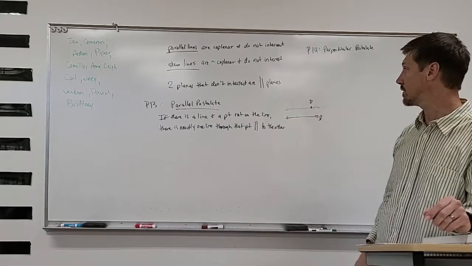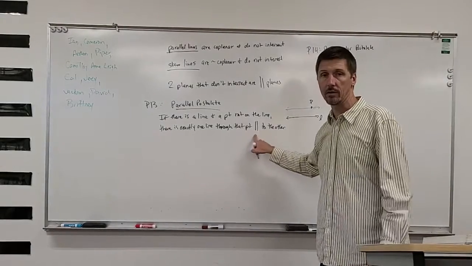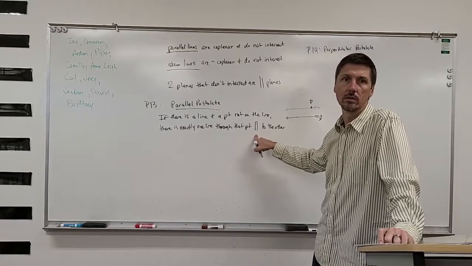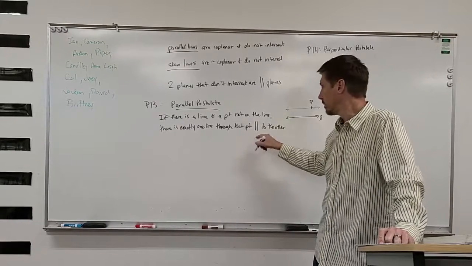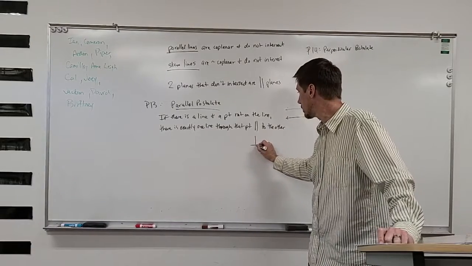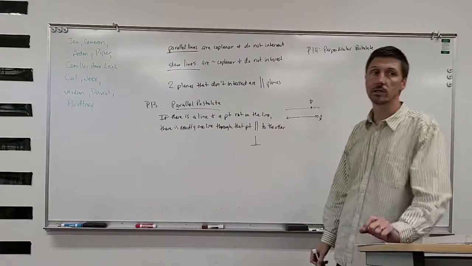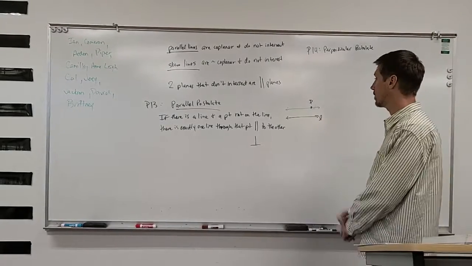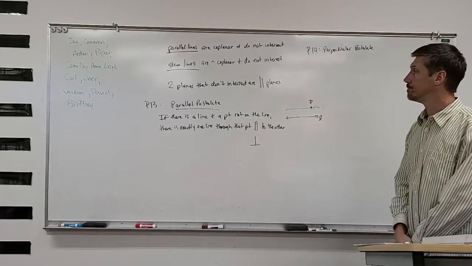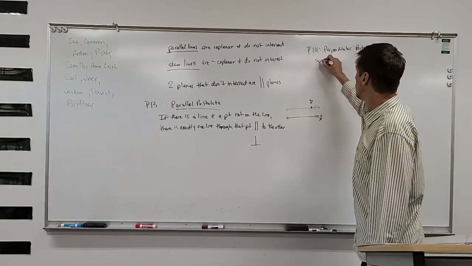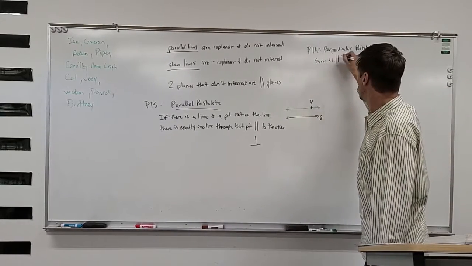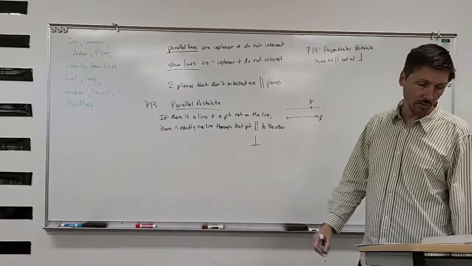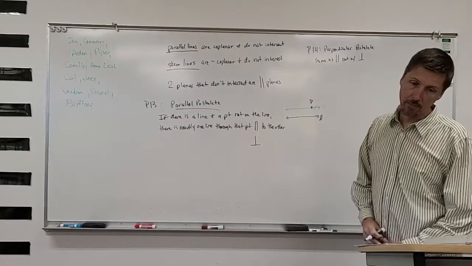What's the symbol that I use for perpendicular? Yeah, Aiden? It's like an upside down T. Yeah, it looks like this. It's a great way to describe it. So that means perpendicular. If you get good at recognizing the symbols, it won't take you as long to write this stuff either. So I could just say, same as parallel, but with perpendicular. It would be quick and easy for you to write that down.